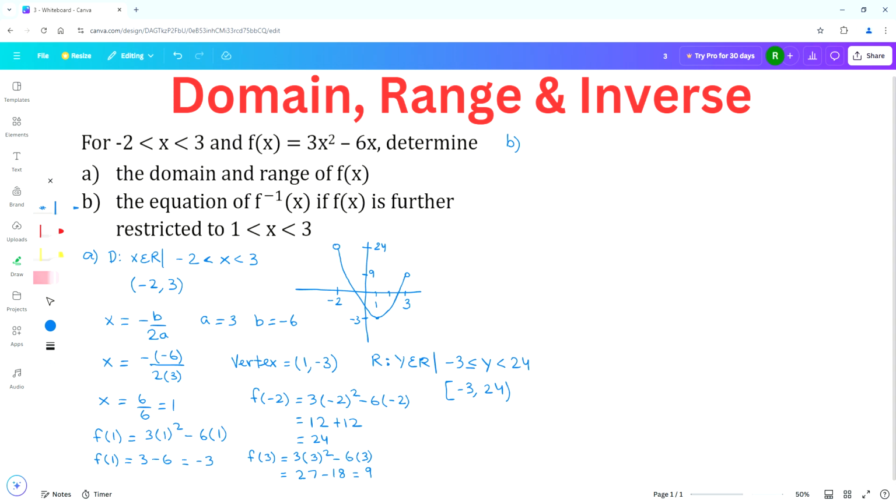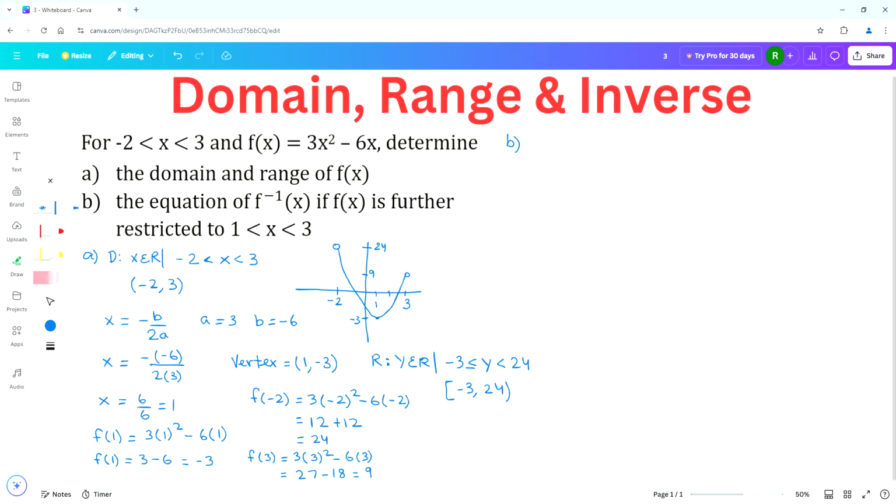So in this case, the domain for f(x) is being restricted from 1 to 3. We should start by finding the inverse of f(x). The given function f(x) is in standard form. In order to find its inverse, we should write the equation for f(x) in vertex form.